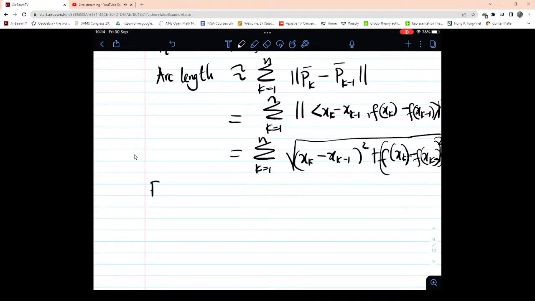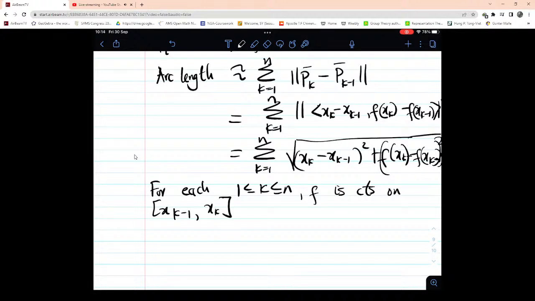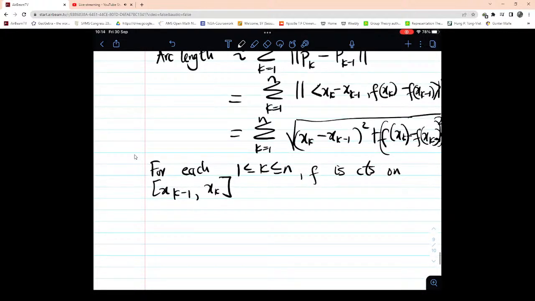We know that for each k that we pick, f is continuous on the interval [x(k-1), xk], and f is also differentiable on that open interval.